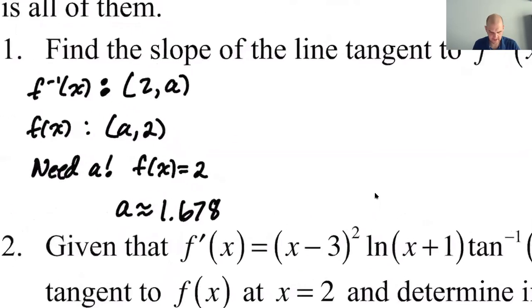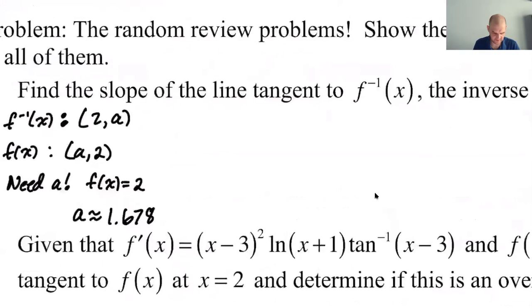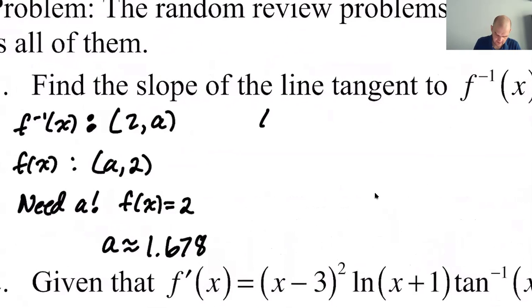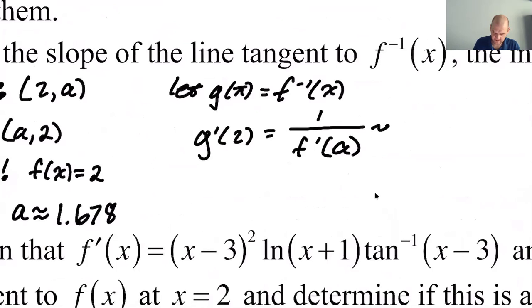Okay, so I'm going to clean up my notation a little bit. I'm going to say let g of x equal f inverse, right? So g prime of 2 is 1 over f prime of a. And that we've found out by using the calculator is 1.315.